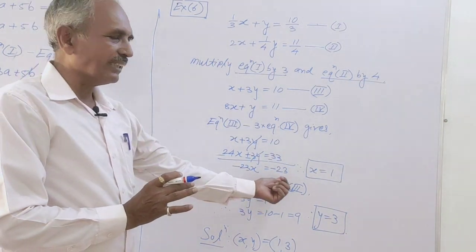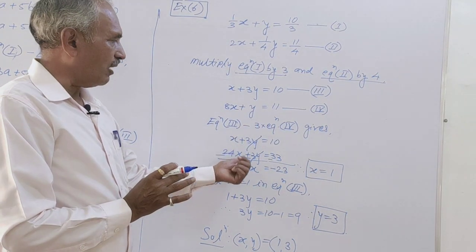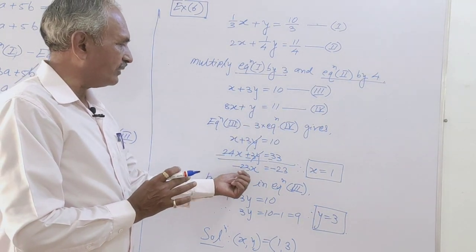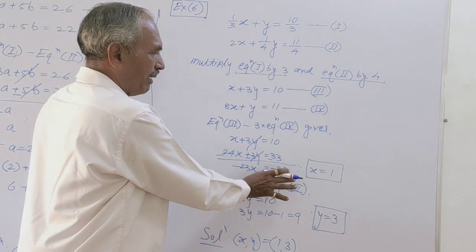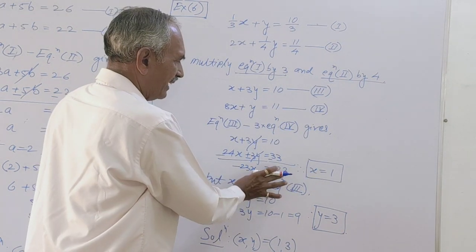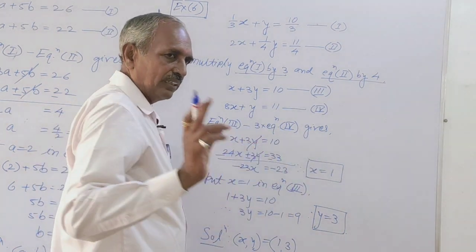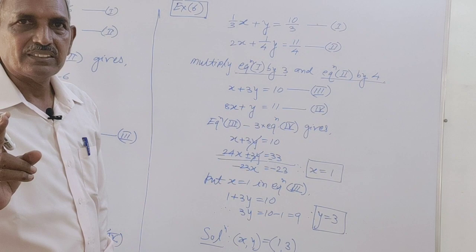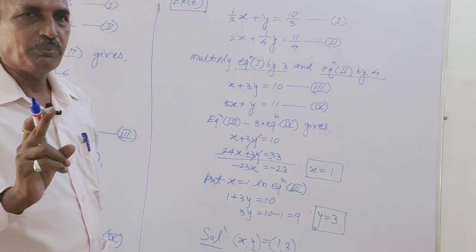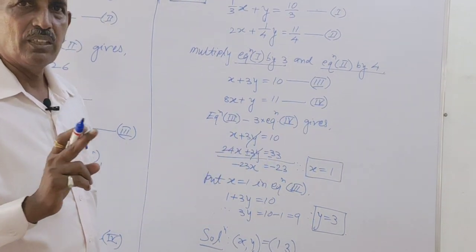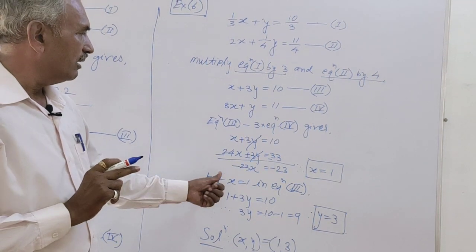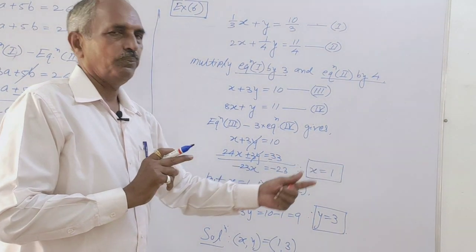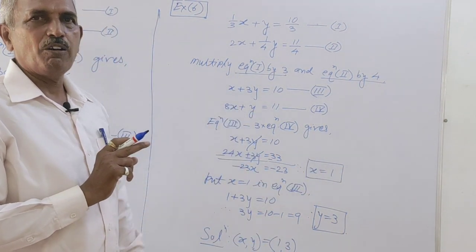So this operation has given the result minus 23x is equal to minus 23, which means x is equal to 1. This is the value of x. Half part of the answer is over. Now the remaining half is to use this value to find the value of y.